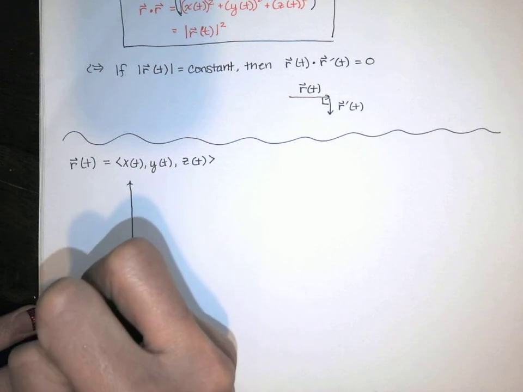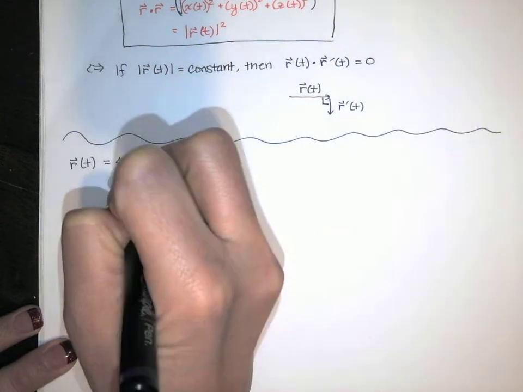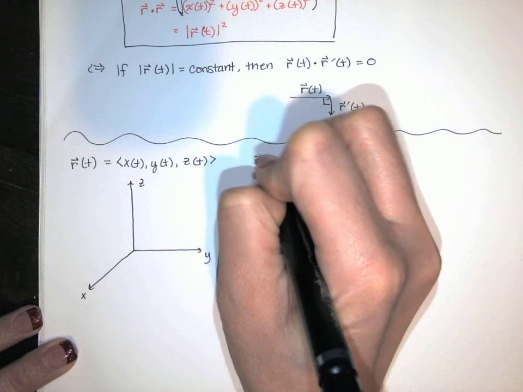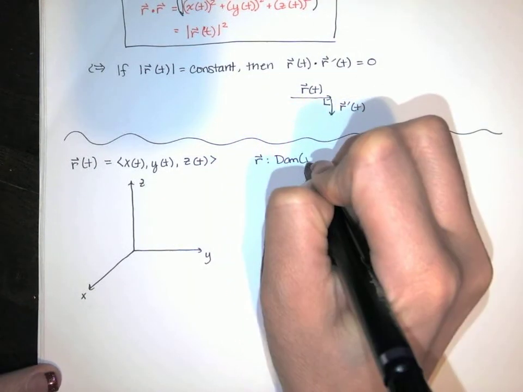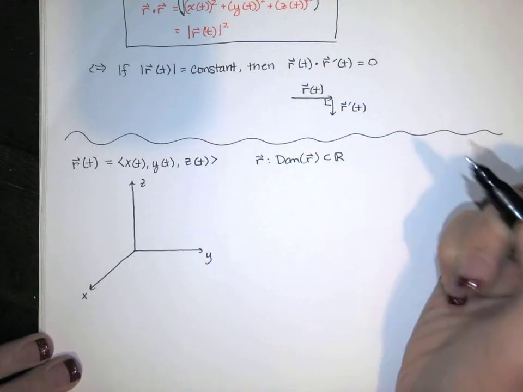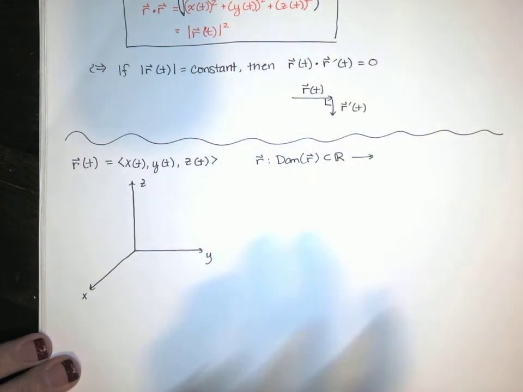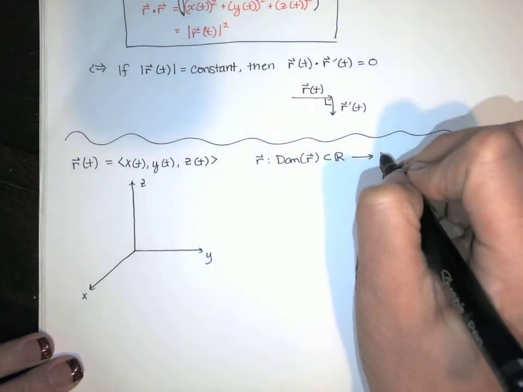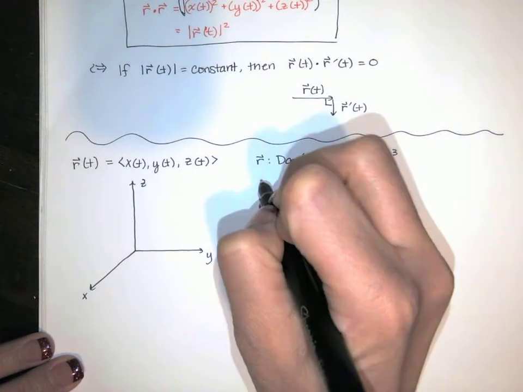So remember how this works. r is taking some point in the domain, which is a subset of the real numbers, and mapping it to a vector in three-dimensional space, but we're just looking at the terminal point of that vector. So we're actually mapping to a point in three-dimensional space.